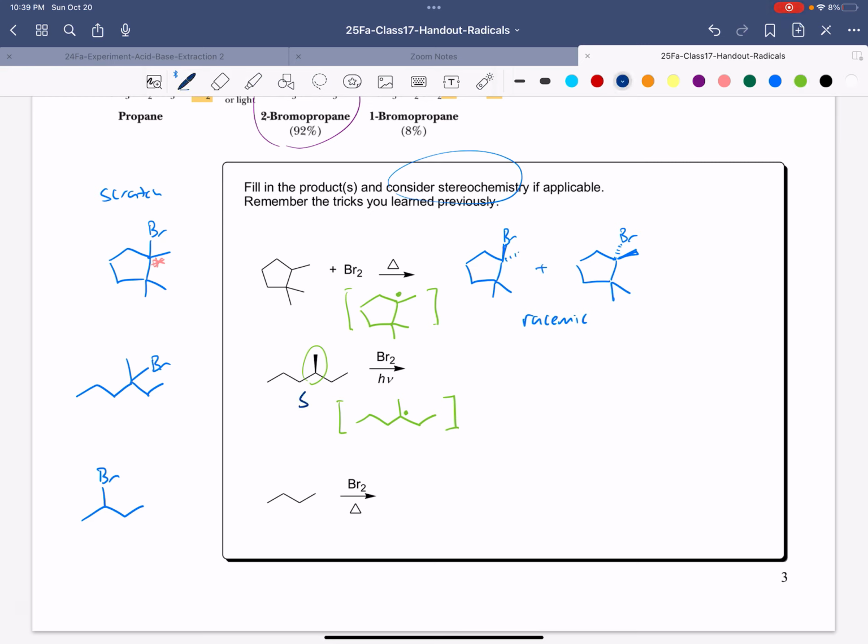S. But because we made an intermediate that's flat, we are going to get 50-50 wedge and dash for my products. Wedge or dash Br and wedge Br. Racemic again. Okay.